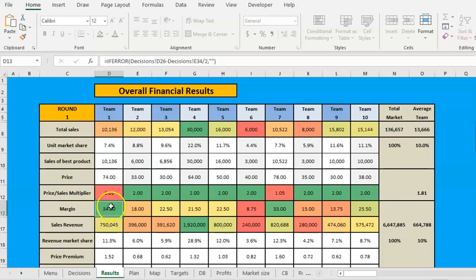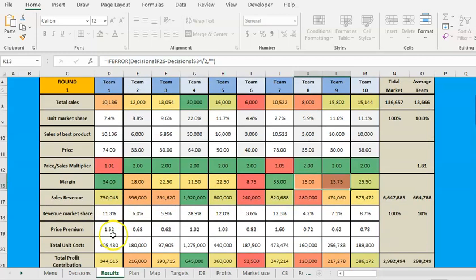We've got one of the best margins there. So usually there's a trade-off. As you can see, they're close to the brand price as well. Their margin is quite good. But these ones who've got a good multiplier, they're impacting their margin. So we've got this sort of sales turnover trade-off scenario.